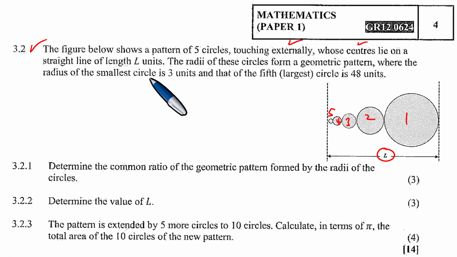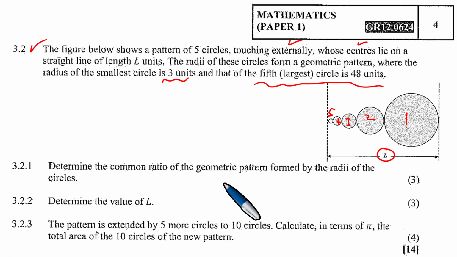The radii of these circles form a geometric pattern, where the radius of the smallest circle is 3 units, and that of the 5th largest circle is 48 units. We need to determine the common ratio of the geometric pattern formed by the radii of the circles. Let's look at these questions together.